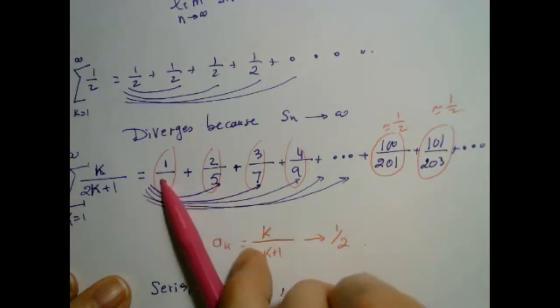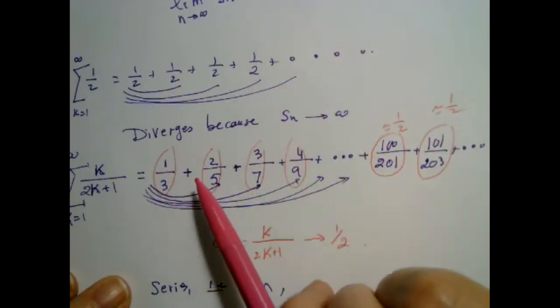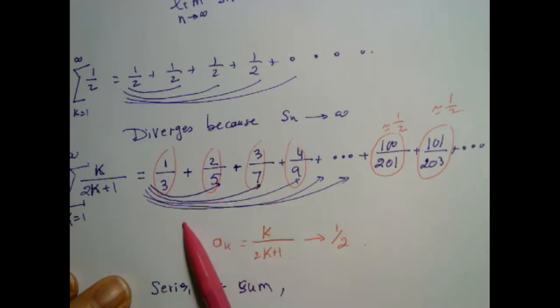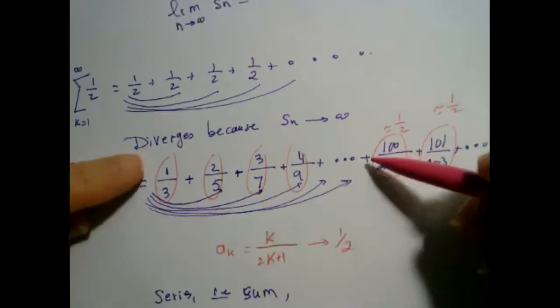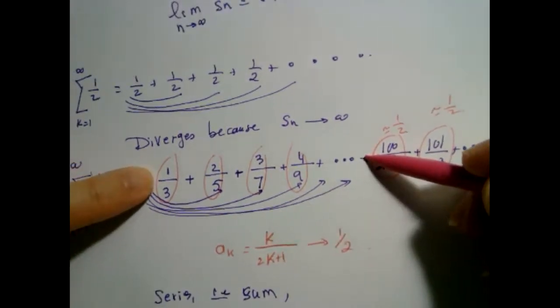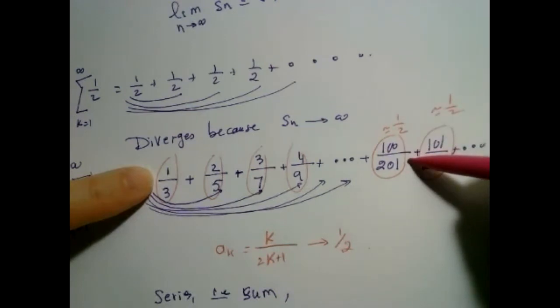If you add the first 2 terms, a third plus 2/5, okay, plug it into your calculator, big deal. You add 3 terms, plug it into your calculator, I'm not gonna bother. You add 4 terms, I'm not gonna bother on purpose. At some point, let us say you add the first 100 terms, then you start adding more terms. You're almost adding a half to it.